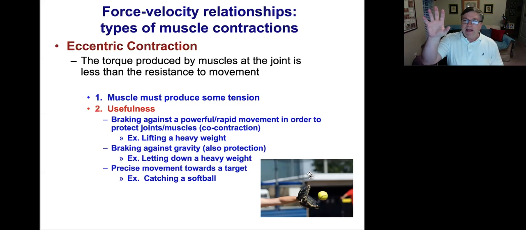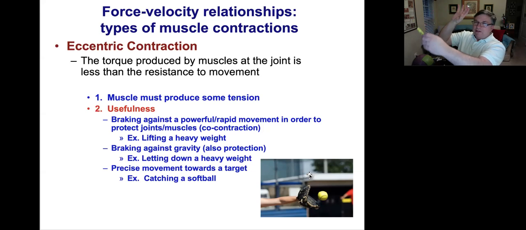You could be catching a softball, moving precisely towards a target, in which case we have what we call an agonist-antagonist burst. So let's say I'm trying to catch a pen or a pencil that's moving in the air. So my hand will go out because of concentric contractions of the triceps brachii. These are the elbow extensors, of course. And as my hand gets to the target, I don't want to miss the target. I want to make sure I hit the target.